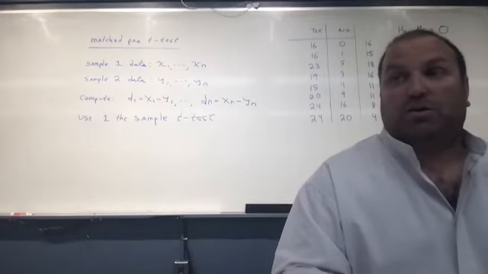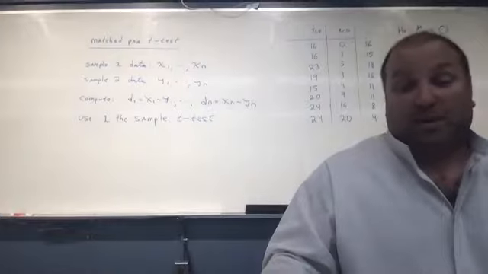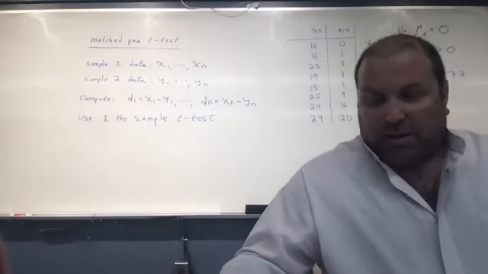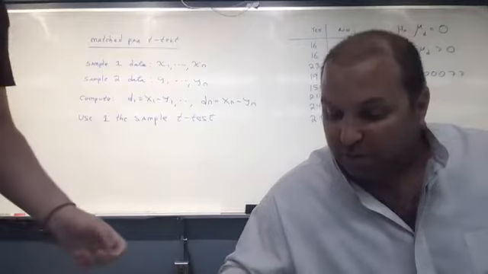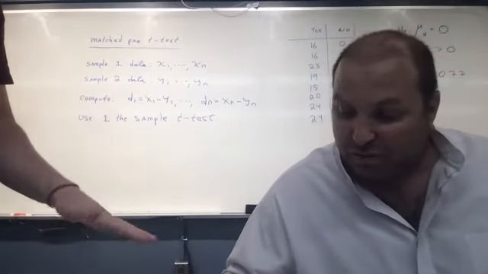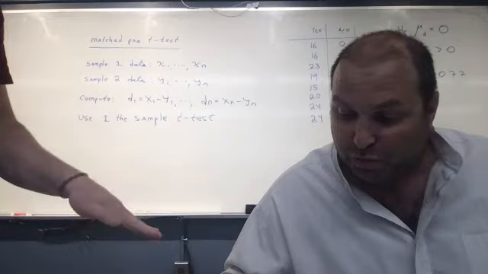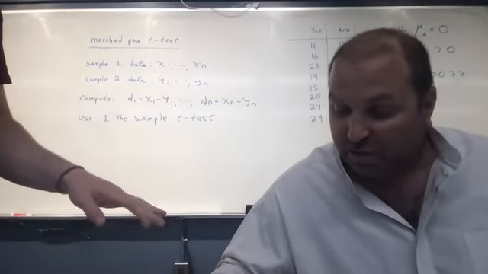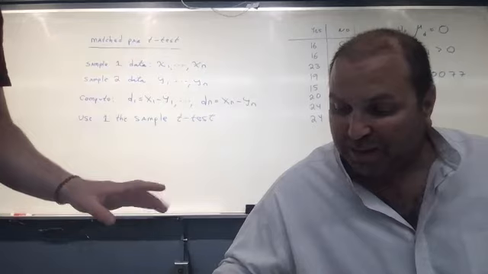Can I see your calculator? I don't want to give it away. Let me see your data first. 2.4, 0.72, negative 0.4, 2.2, negative 1.3. Okay, and then you did a test. Which test did you do? The t-test?